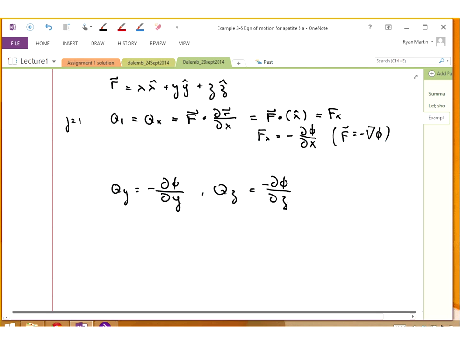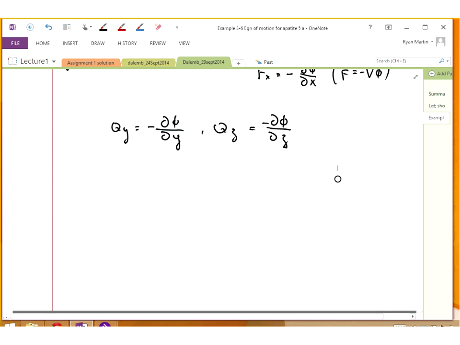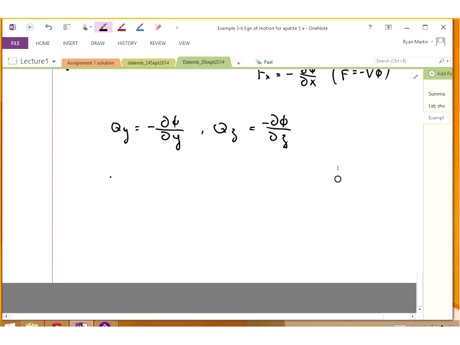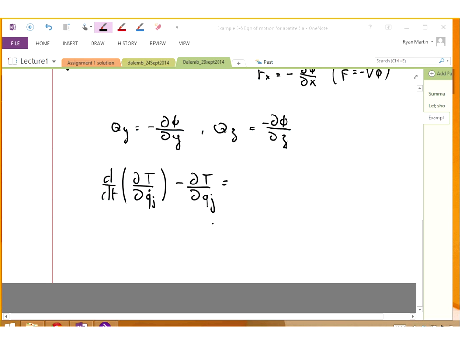So D'Alembert's equation was that d/dt of ∂T/∂q̇j minus ∂T/∂qj was equal to Qj.